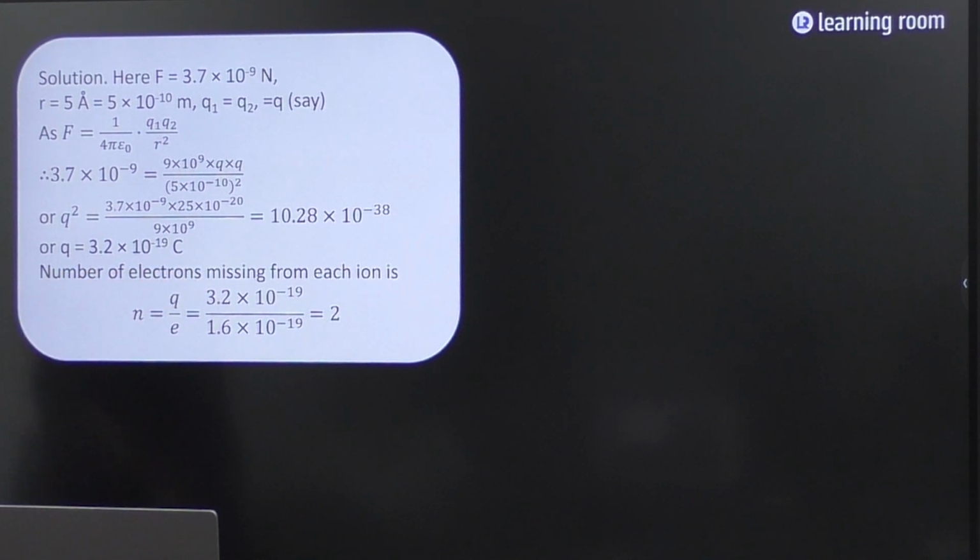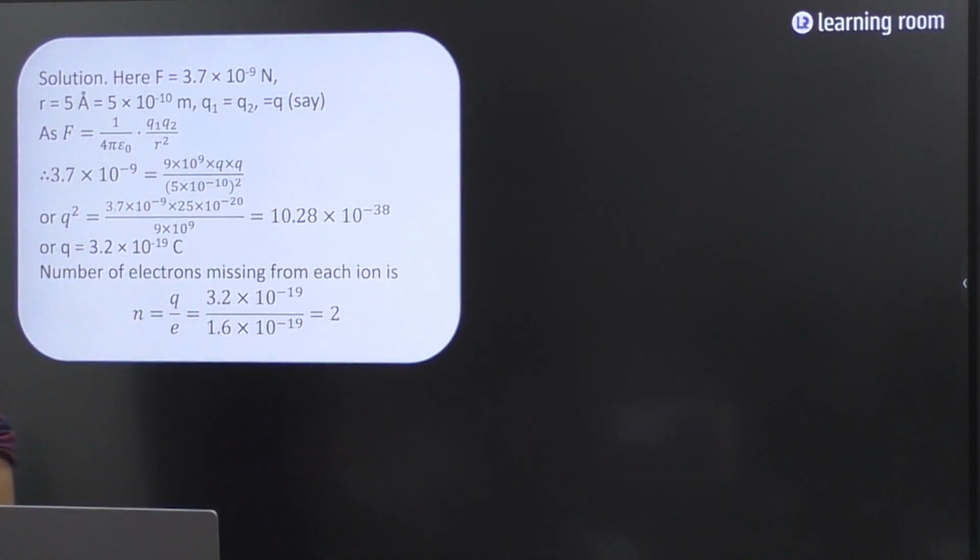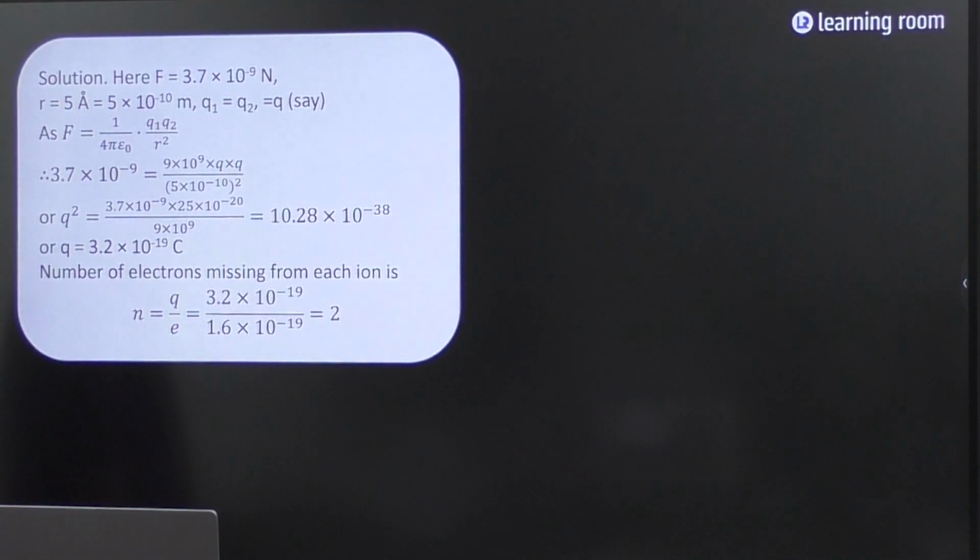If you solve, you get 3.2. Okay. So 3.2 into 10 power minus 19 divided by the exact charge of an electron, 1.6 into 10 power minus 19, will give us 2. So for this material, there are 2 electrons that are lost. Am I clear?